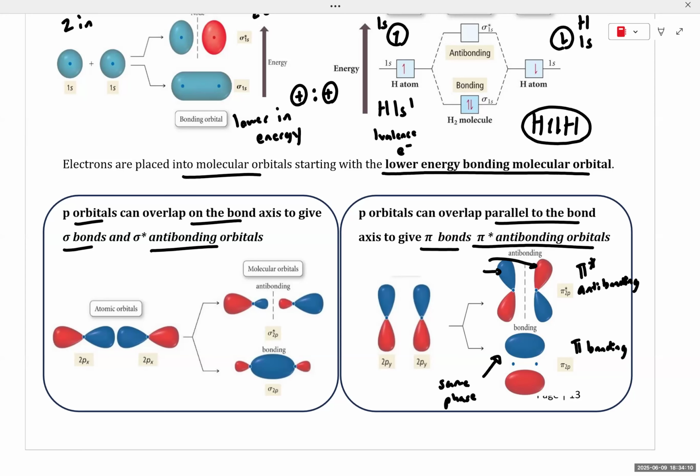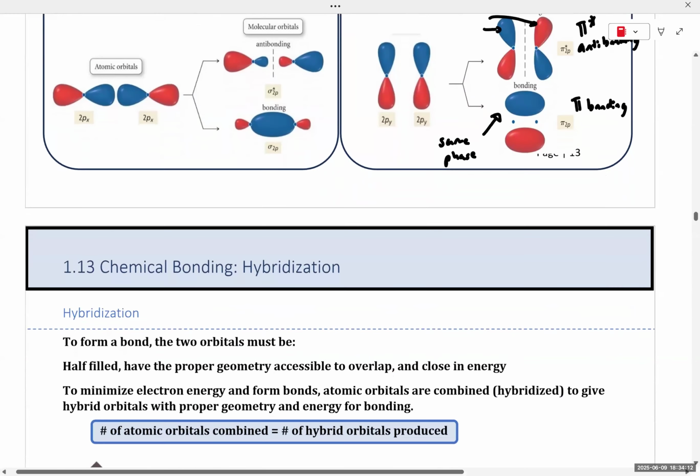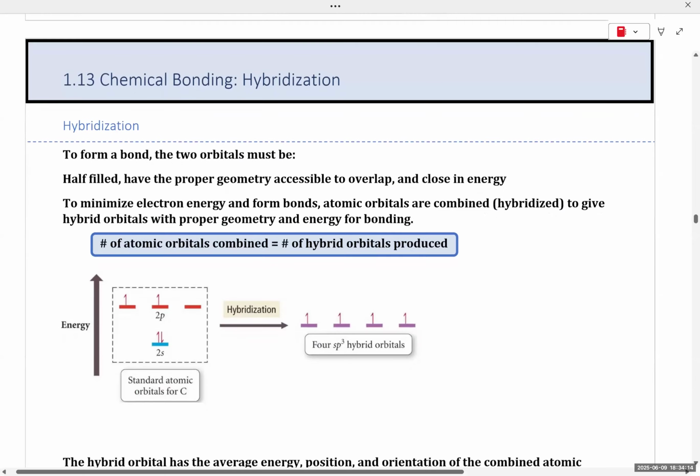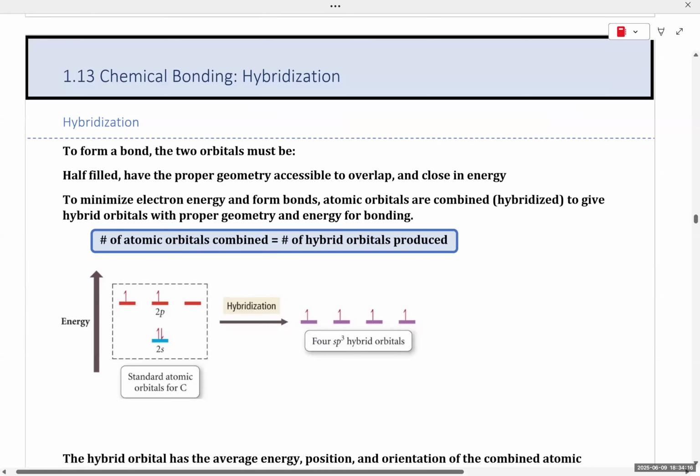Okay, so how can we use this? Well, let's tie what we've learned about molecular orbital theory and valence bond theory to begin to describe hybridization. So, to form a bond, as we discussed, the two orbitals must be half filled, they must have the proper geometry accessible to overlap, and they must be close in energy.